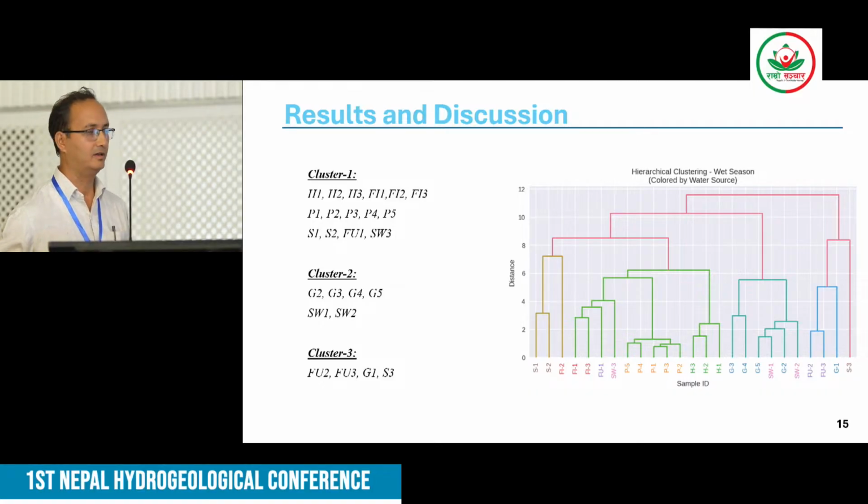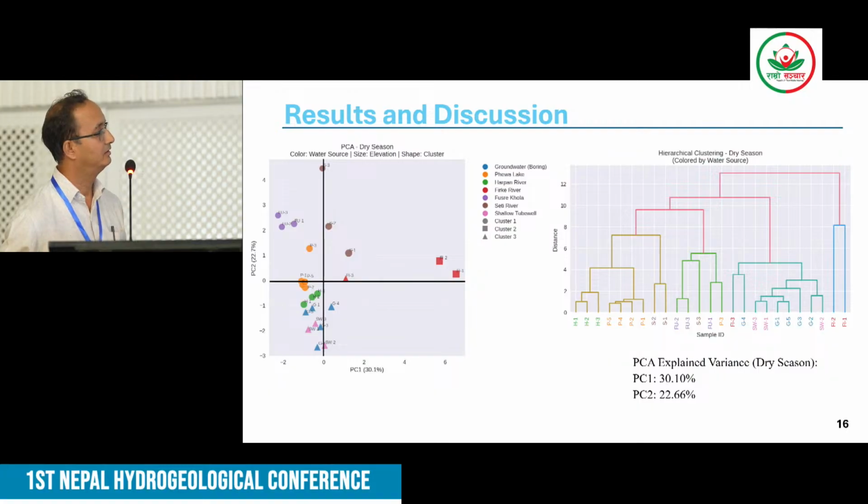Cluster 3 is this river and a few groundwater sites. In this also we have a very similar kind of variance, almost similar for the two principal components.